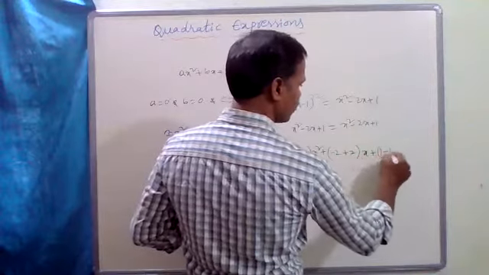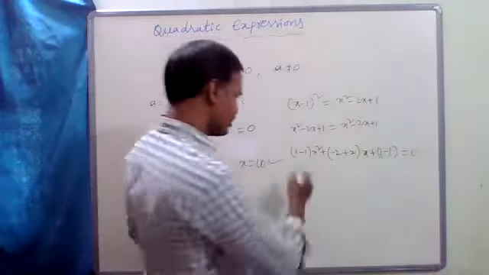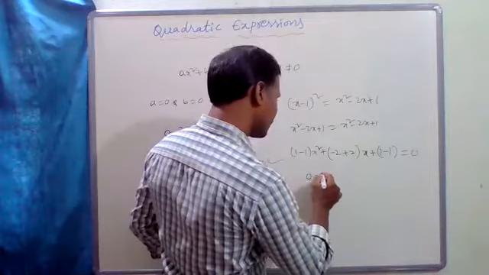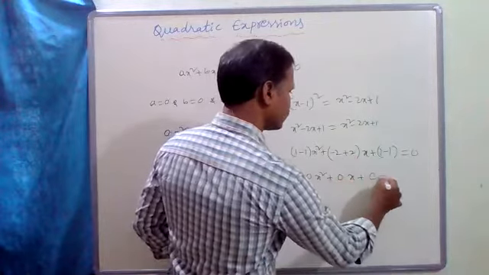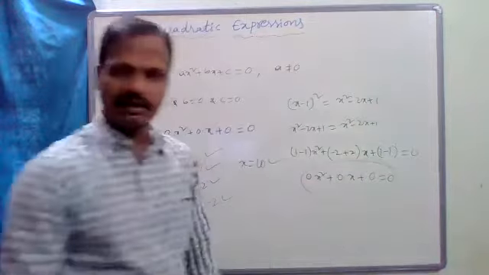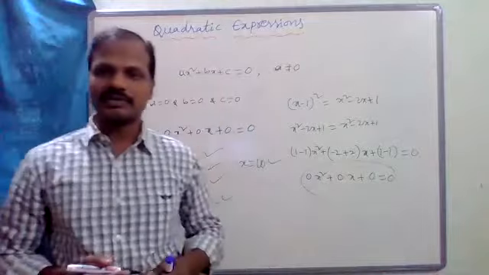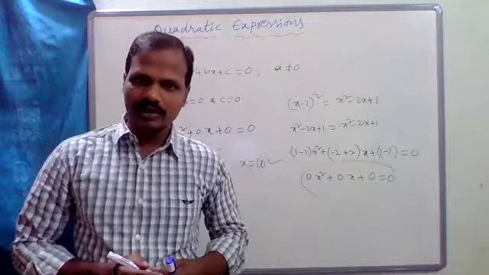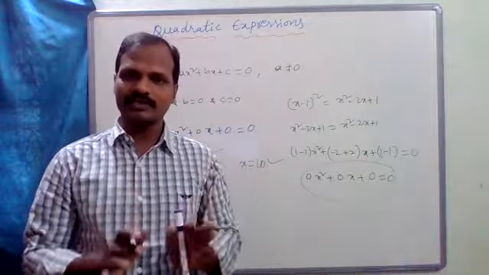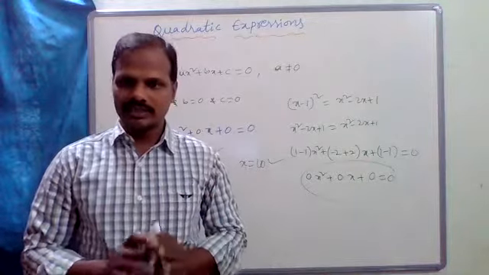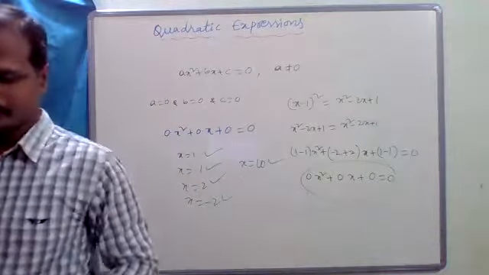Plus 1 minus 1 equal to 0. Then this is 1 minus 1, 0 into x square. Minus 2 plus 2, 0 into x. Plus 1 minus 1, 0. So this is the identity. So in the quadratic expression, if it has more than two roots, then all the coefficients must be 0. Is this point clear, everybody? I will give one problem on this.